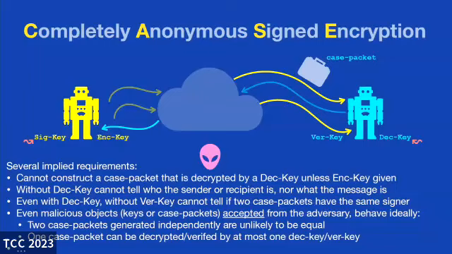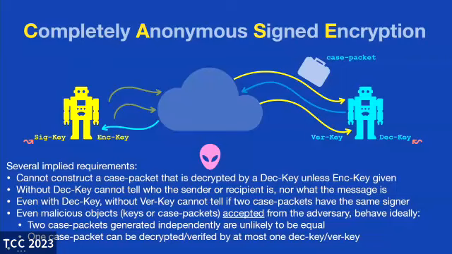Some of them are more obvious than the others. You cannot find out what the message inside a CASE packet is if you don't have the decryption key. You cannot even tell who the signer is or which signing key was used, even if it was a signing key that you maliciously created, unless you have the decryption key. And even if you have the decryption key, if you don't have the verification key, you cannot tell which signing key was used, and so forth.